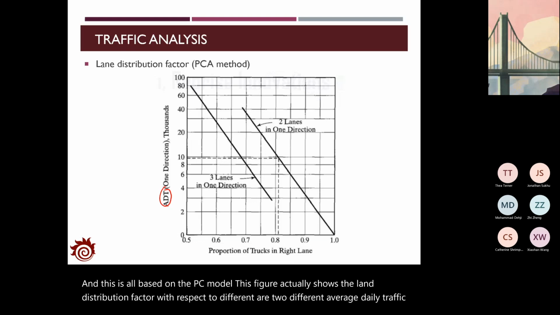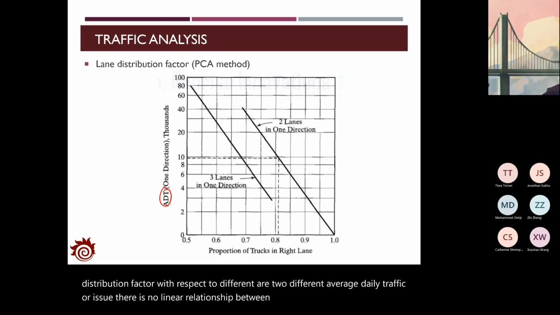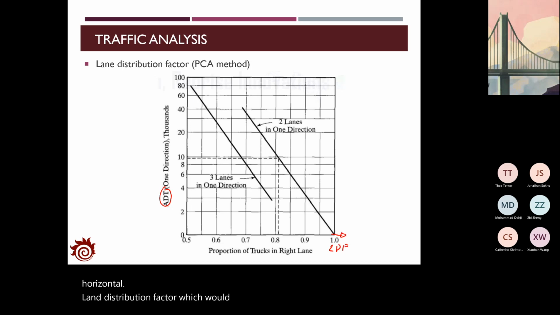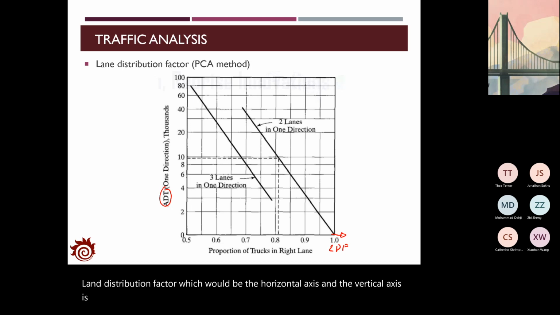Usually there's a linear relationship between the lane distribution factor, which would be the horizontal axis, and the average daily traffic in thousands, which is the vertical axis.